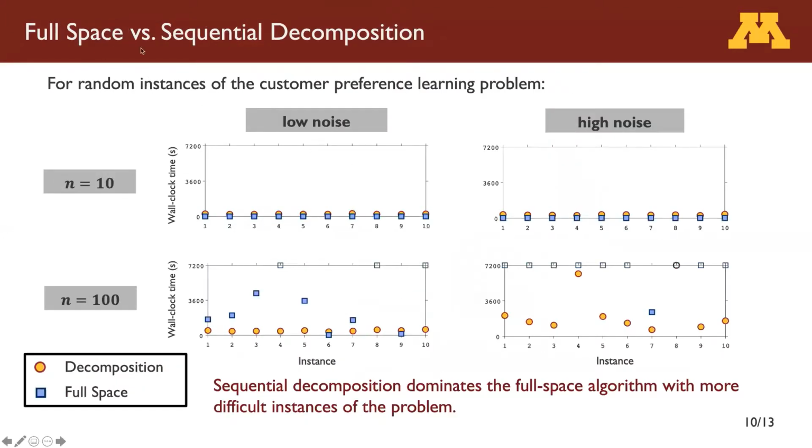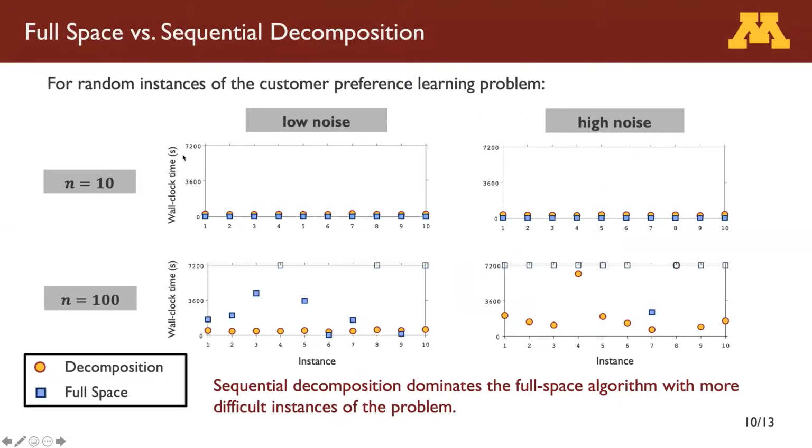So first is a comparison of computational performances of the full space model and the decomposition method. We do this by generating random instances of the customer preference learning problem. We vary the difficulty level of the problem by considering forward problems of various sizes and training data with varying levels of noise.